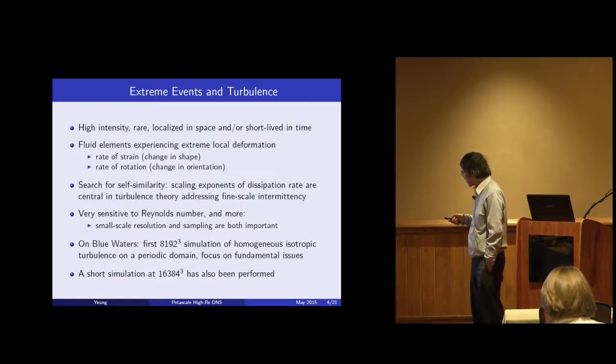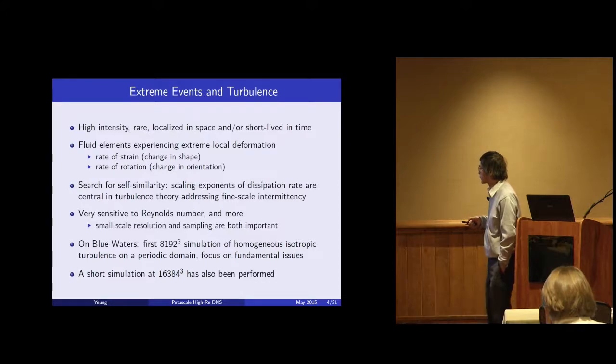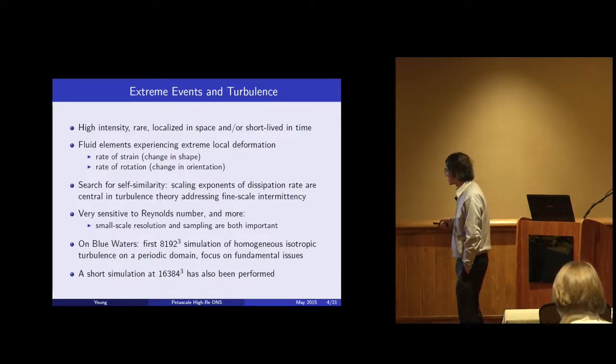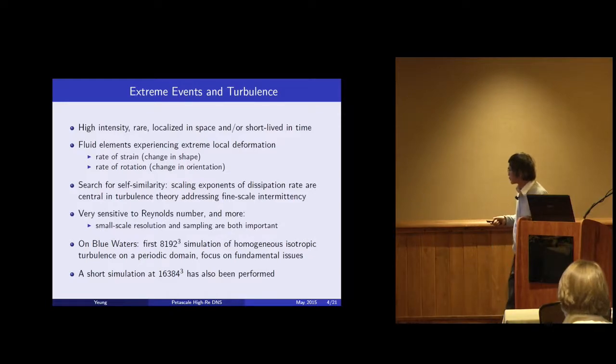This work requires a very high Reynolds number. On top of that, it's very important that we resolve the small scales well and that we provide adequate sampling. On Blue Waters, we were able to do the first 8192 cubed simulation of homogeneous isotropic turbulence on a periodic domain with a focus on the fundamental issues.